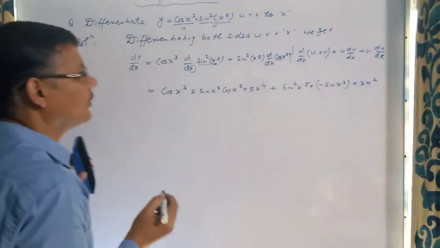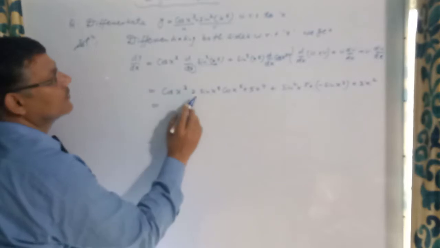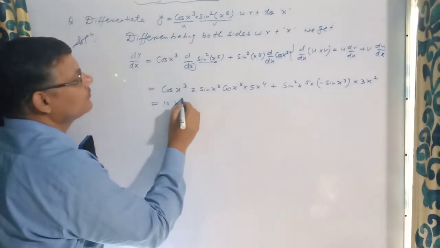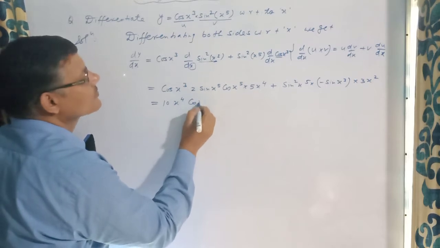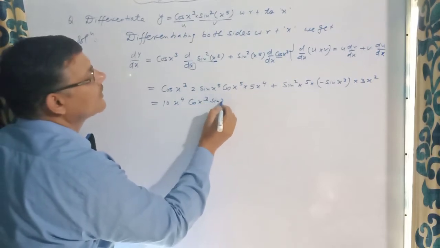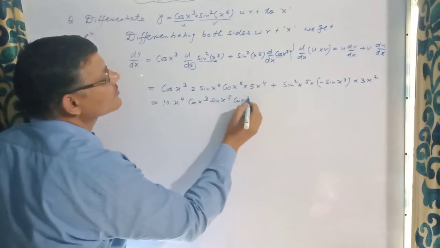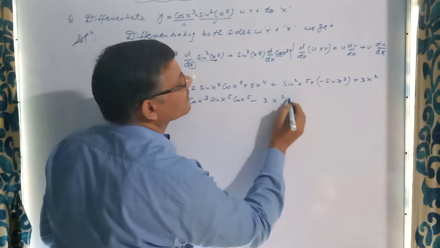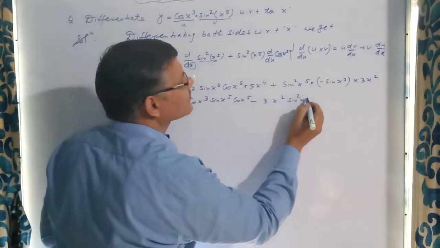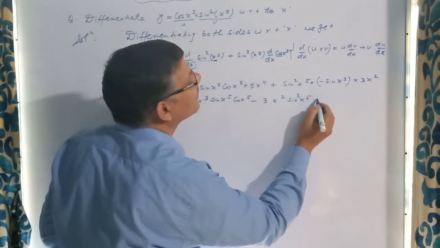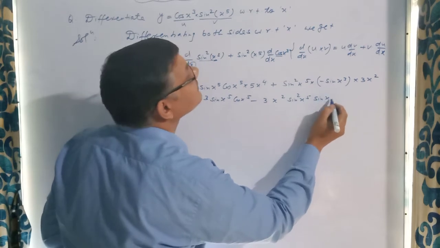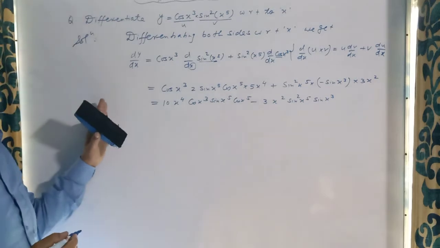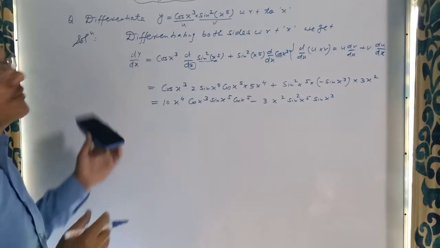So it is equal to, multiplying 5 by 2, 10 x power 4 cos x cube sin x power 5 cos x power 5, plus into minus minus 3x square sin square x power 5 and sin x cube. This is about your chain rule, or derivative of composite function.